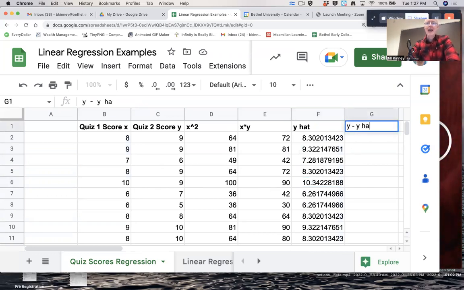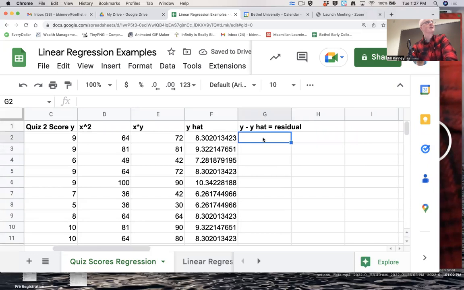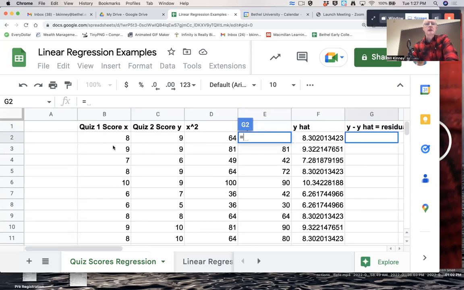Y minus y hat is a residual. Oh boy, I gotta go quick here. I think I'm gonna have to share with you something else over a video, because we're running out of time. Do each y value minus each y hat value.